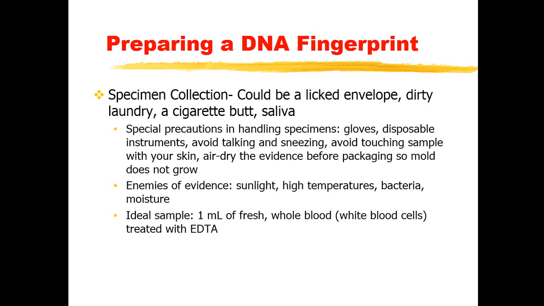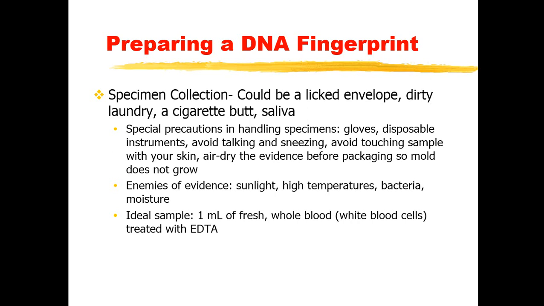Preparing a DNA fingerprint: first, a specimen is collected. It could be a licked envelope, laundry, cigarette butt, or saliva. Take precautions in handling specimens. Gloves have to be used, with disposable instruments. Avoid talking and sneezing.